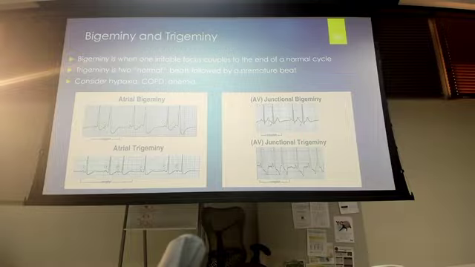Normal, then premature. For trigeminy, you have two normals, and then a premature beat that couples on top of that second normal.